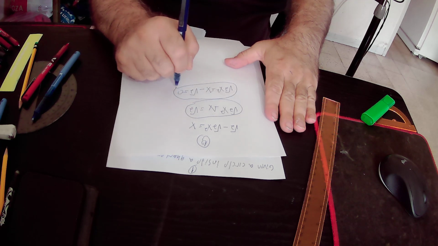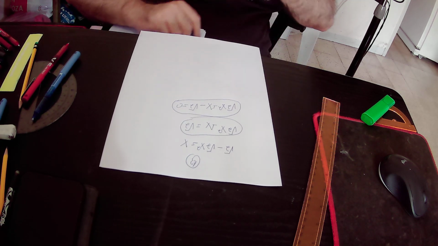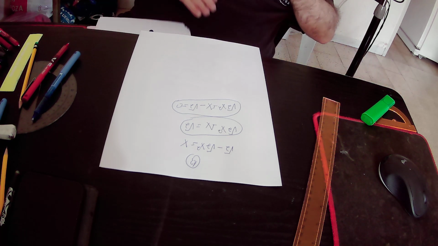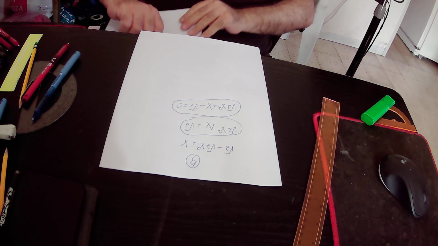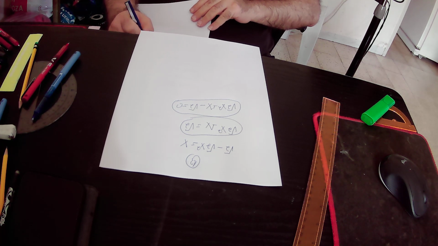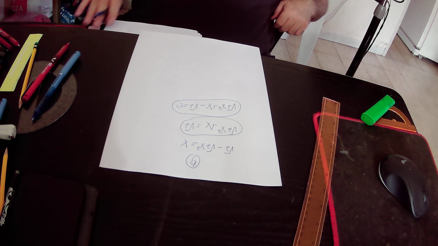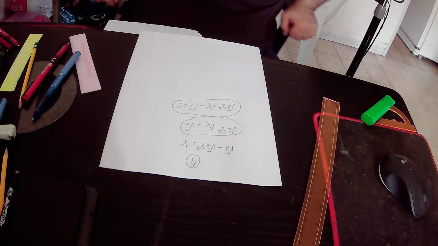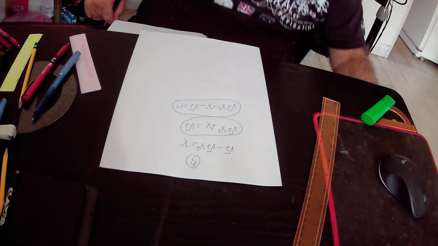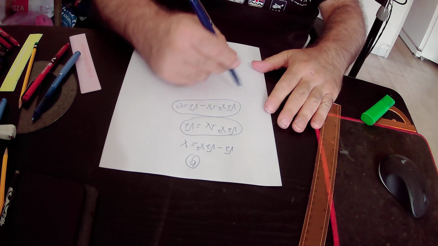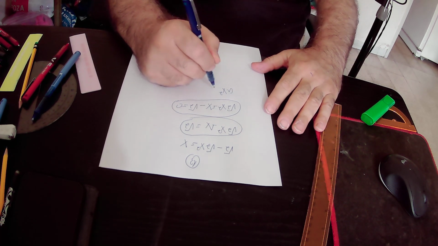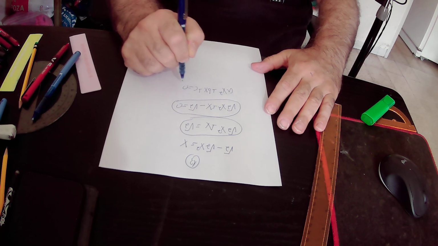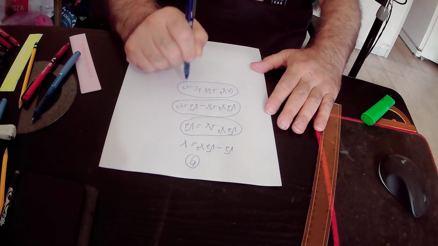So this is a quadratic equation, and the general formula for a quadratic equation is ax squared plus bx plus c equals 0. Okay?